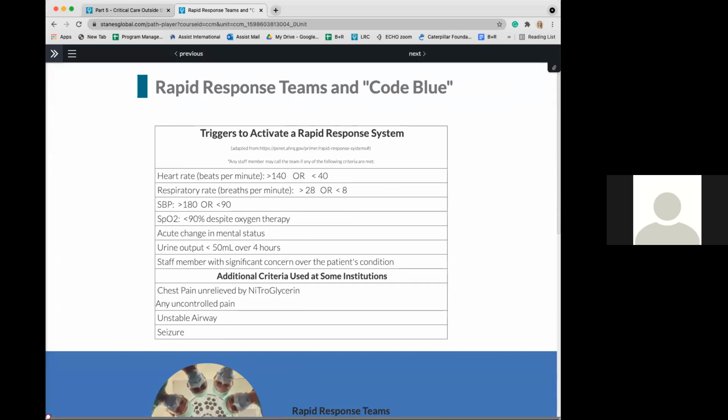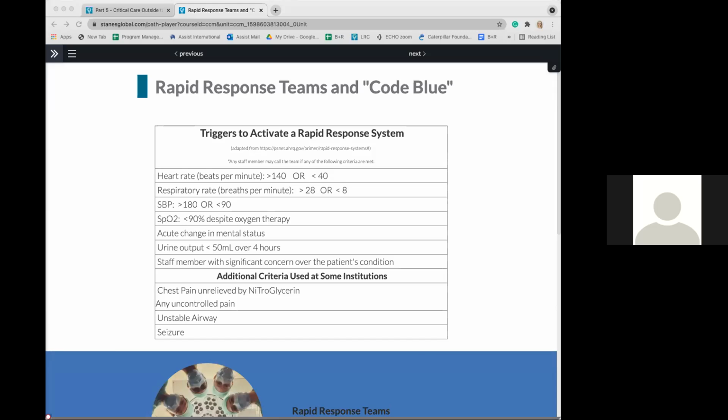When you look at the patient's heart rate, the patient's heart rate is high, and we have a guide here that a heart rate of less than 40 in itself sets an alarm. So you need to institute a particular intervention. It may be calling for help, it may be activating the rapid response teams, etc. If you have a respiratory rate of above 28 or less than 8, that is also a red flag.